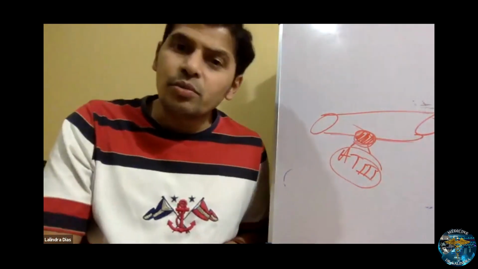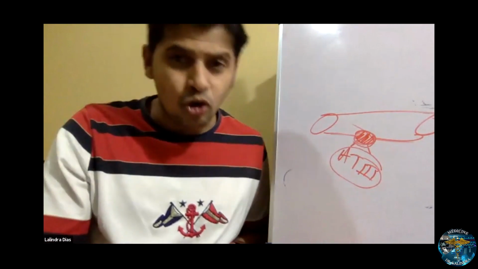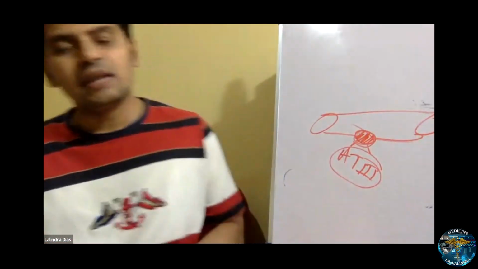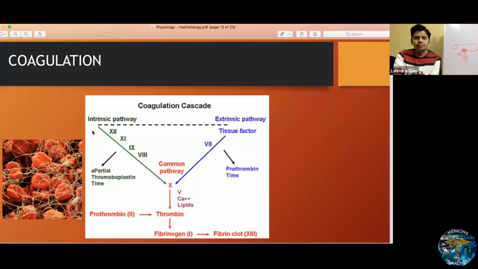So I was talking about the two pathways. With the help of the common pathway, that is factor 10, and with the help of factor 5, calcium and lipids, what does it do? It converts prothrombin to thrombin. Prothrombin is factor 2, and that will be converted to activated thrombin. What is the function of thrombin?